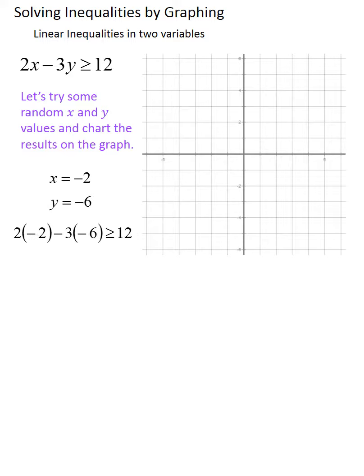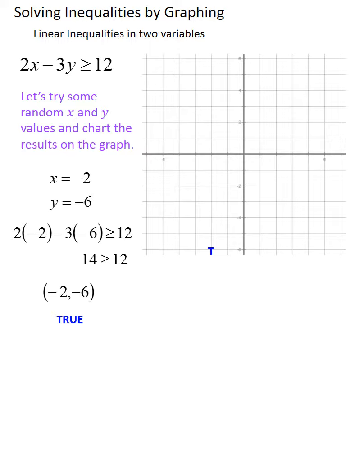So here's some random values. When I plug them in and do the algebra, I get a true statement. And that means that the point -2, -6 makes the inequality true. So I'm going to put a T on the graph at that point, at -2, -6.